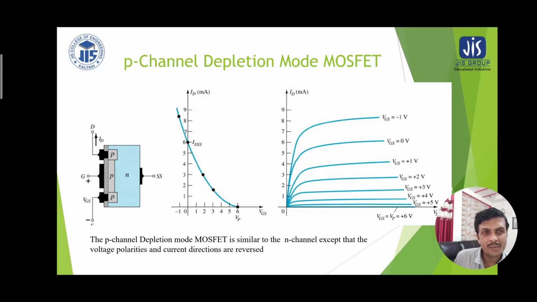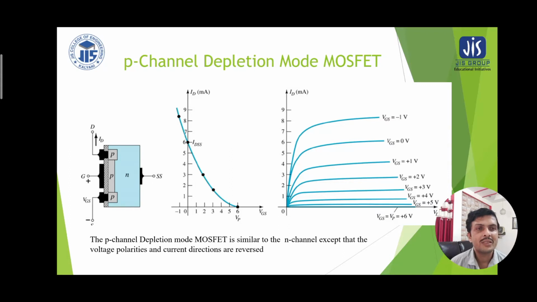And if we observe the curve here, the pinch off voltage, that means the voltage sufficient to apply to the gate terminal so that the channel will be fully blocked and none of the holes will be flowing through the channel, is possible only at positive voltage. Since it is a P-type metal oxide semiconductor FET, after a certain amount of positive voltage we are not getting any charge flow through the channel.